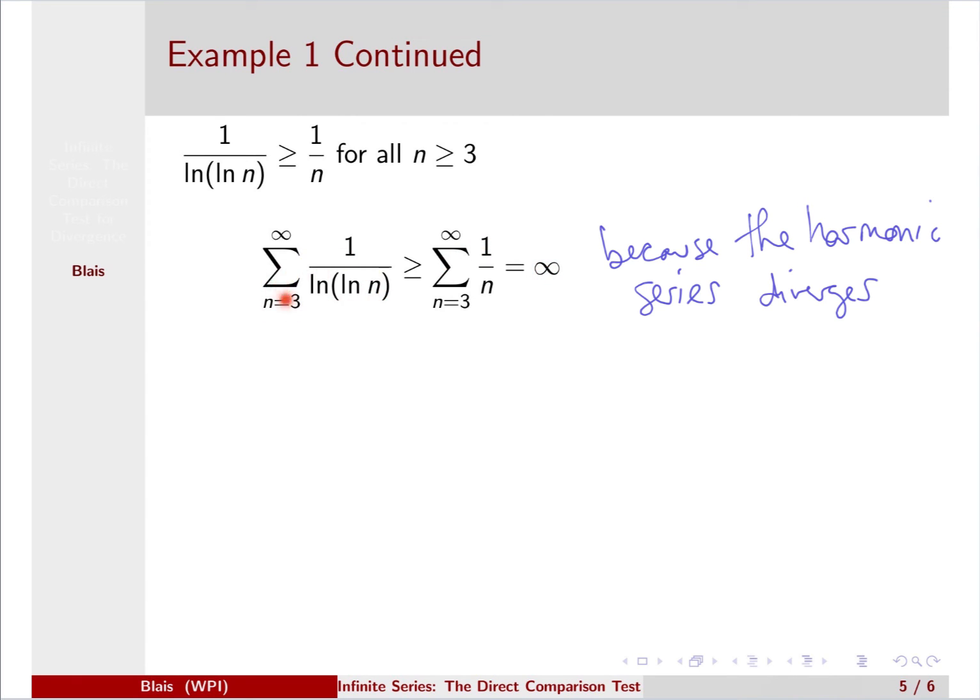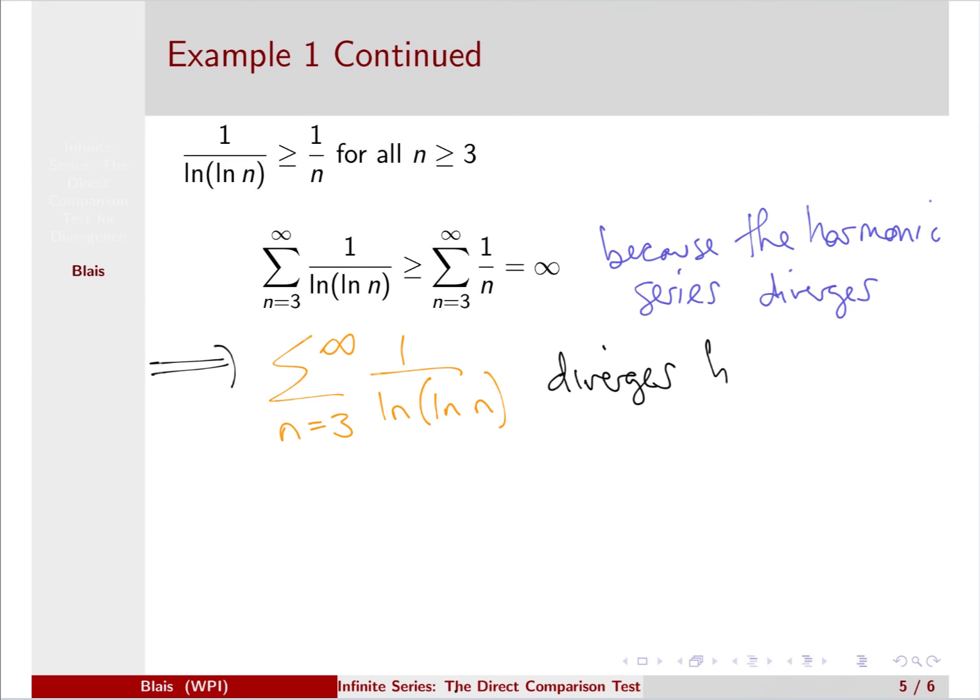That means this also has to be infinite. The series we have is bigger than this series, which is infinite. And so we can conclude that the sum, n goes from 3 to infinity, of 1 over the natural log of natural log n diverges by direct comparison.